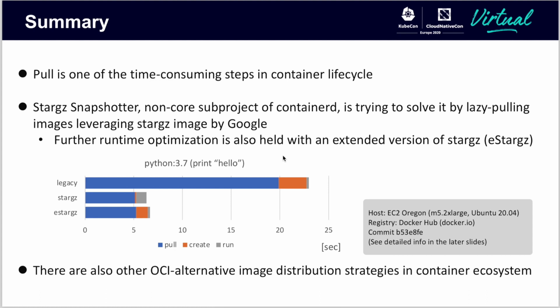And eStargz formatted image mitigates the runtime performance drawback with the optimization, and we will discuss it in more detail in the following slides. There are also other OCI-alternative image distribution strategies in the container ecosystem, so I'll briefly introduce some of them in this talk.